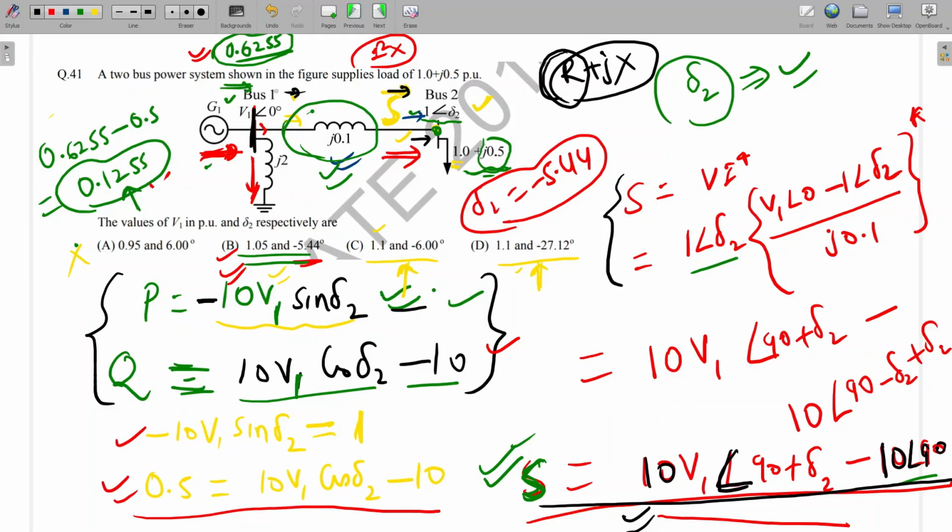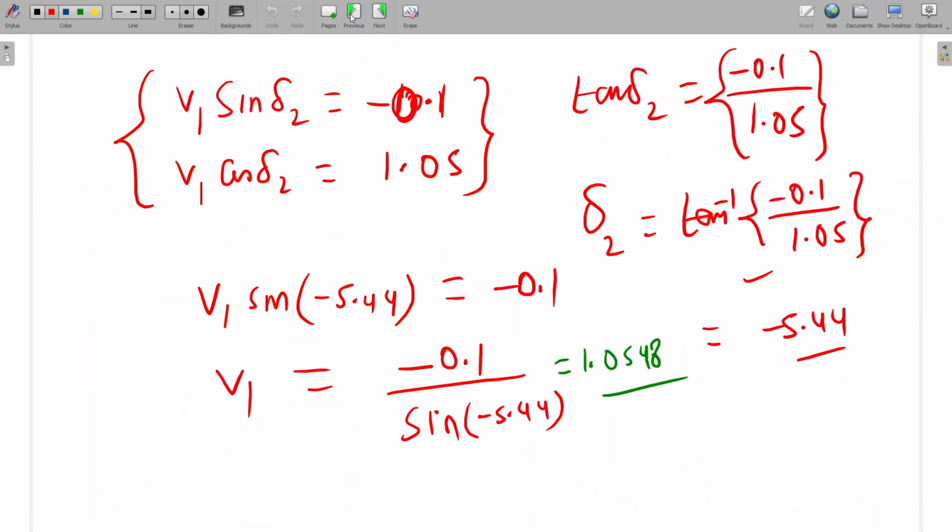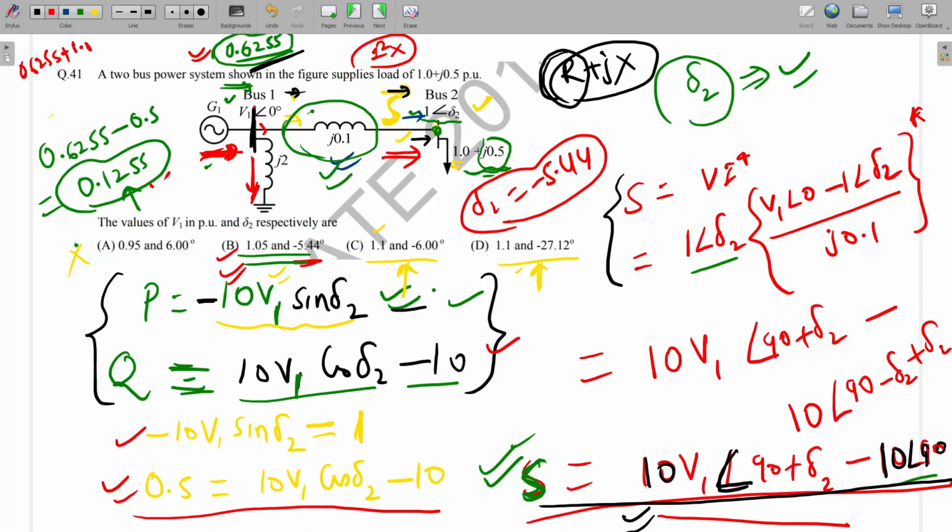After the terminal, how much reactive power are we getting? 0.625. So the answer will be 0.625 plus V1 square by 2, where V1 is 1.0548. So the answer is 0.625 plus 1.0548 whole square by 2. G1 will supply this reactive power and the reactive power demand here. Is it clear?